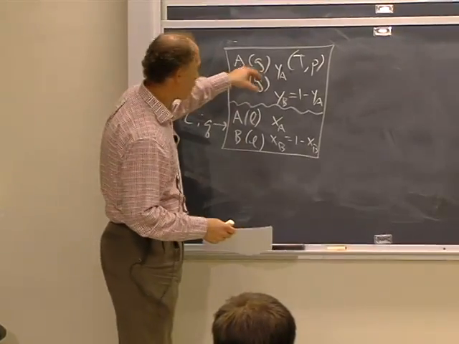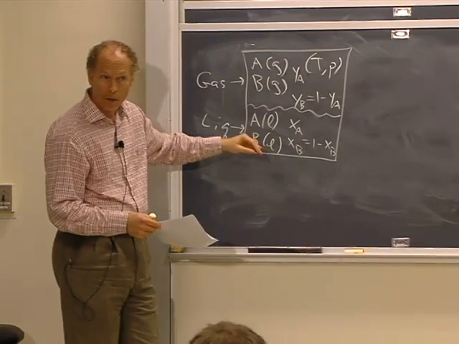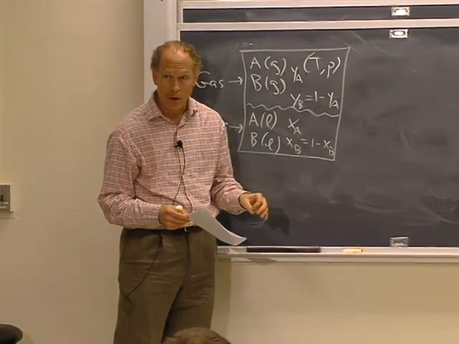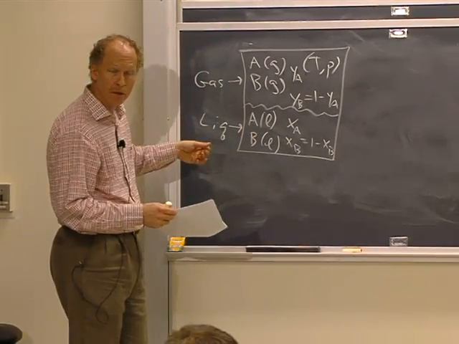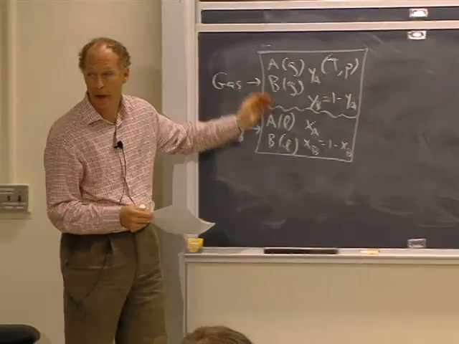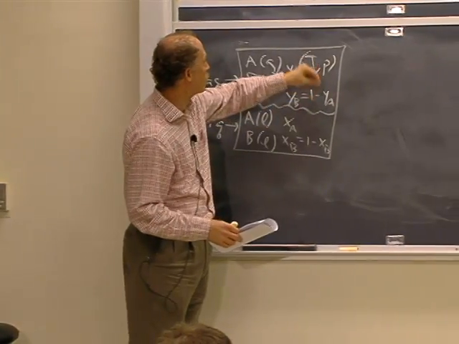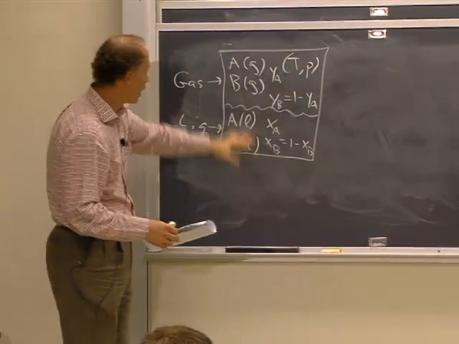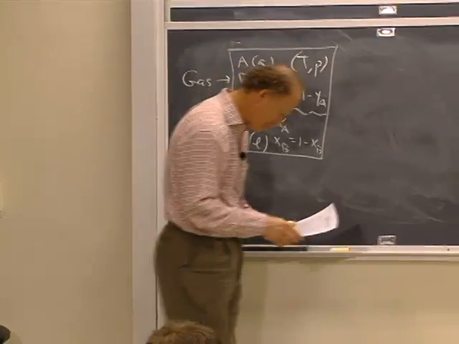The chemical potential of A has to be equal in the liquid and gas, same with B. Those two constraints reduce the number of independent variables, so there'll be two in this case rather than four independent variables. If you control those, then everything else will follow. What that means is if you fix the temperature and the total pressure, everything else should be determinable, right? No more free variables.